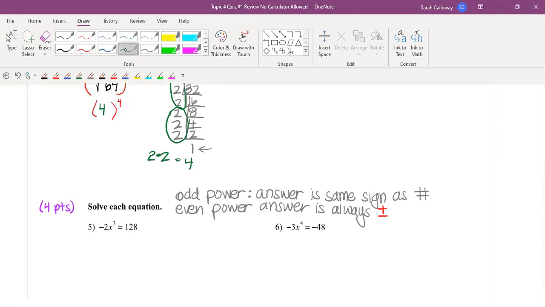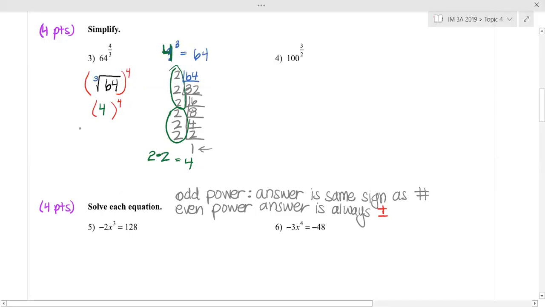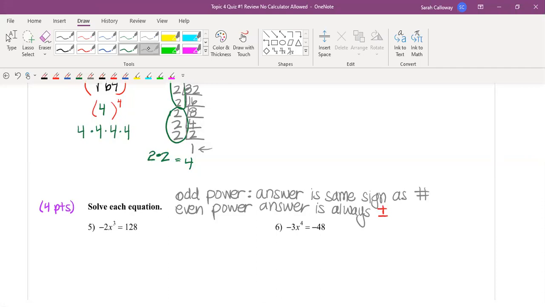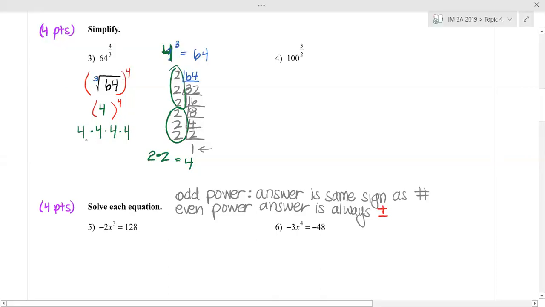That means I'm really doing 4 times 4 times 4 times 4. For this one, this number is a little bit large. So I'm doing 4 times 4 is 16. 16 times 16 is going to be my answer.